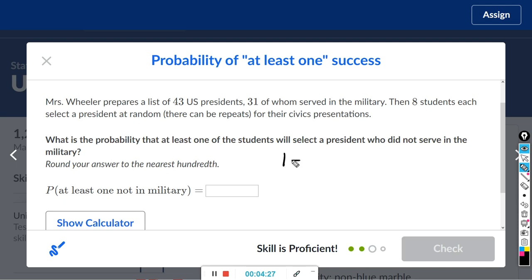So we're going to do 1 minus the probability that, if it's going to be at least one who did not serve in the military, we're going to do 1 minus the probability that they all served in the military. Okay, so that's the complement.